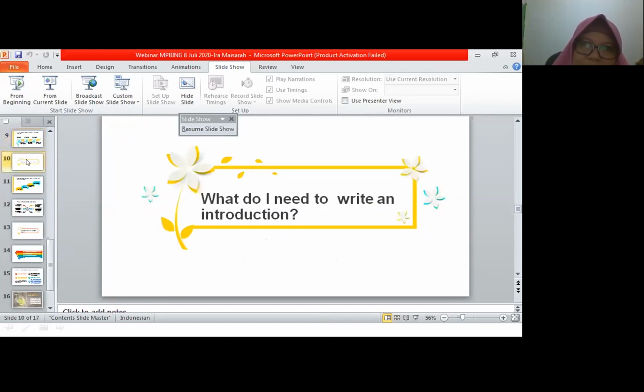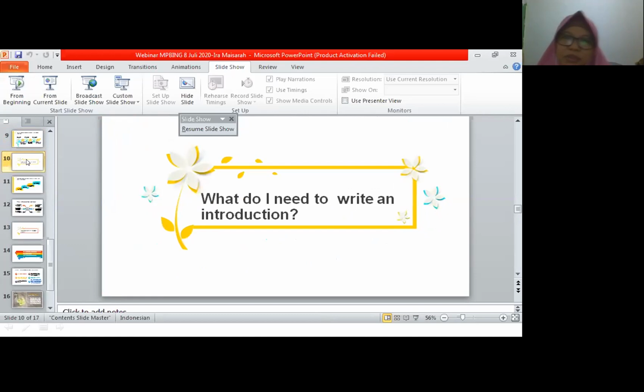And it is very simple, I think, in the introduction, because it just gives an overview for the reader. So there is not too much that we can discuss in the introduction.